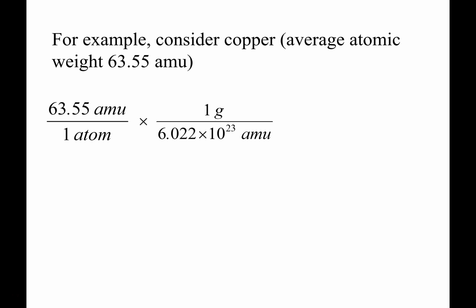So if we do this, then what? Our AMUs cancel, and we have grams per atom. And we want grams per mole. So if we want atoms in the denominator to cancel and be left with moles in the denominator, what units do we put in the numerator of that third term?